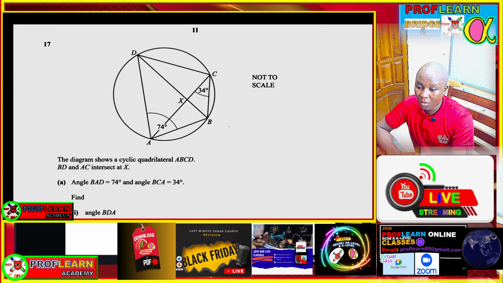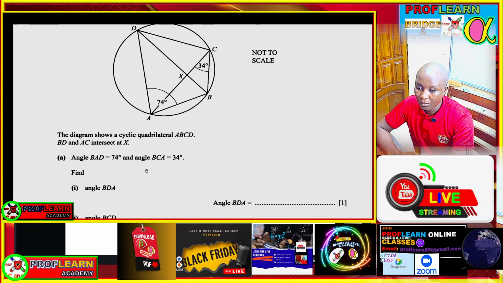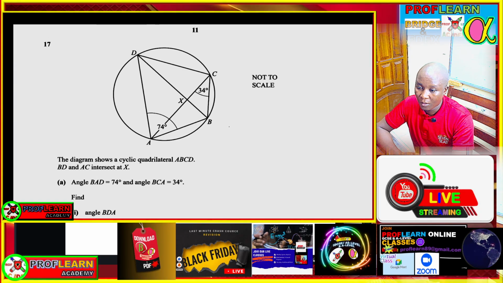So if this angle here, this angle, the angle subtended by the same chord AB is 34, and then also angle D is subtended by the same chord, that's also 34.